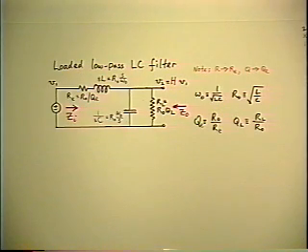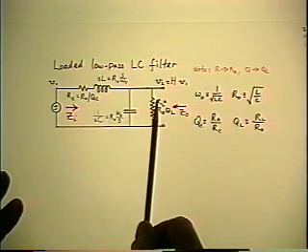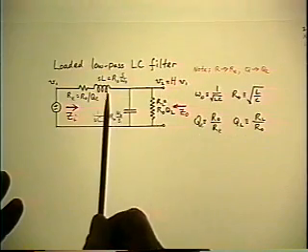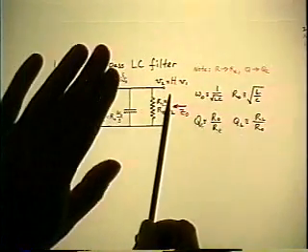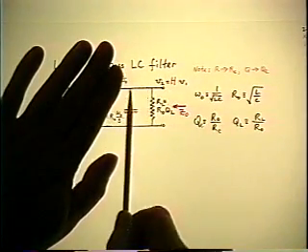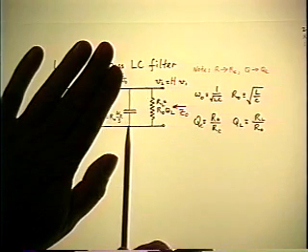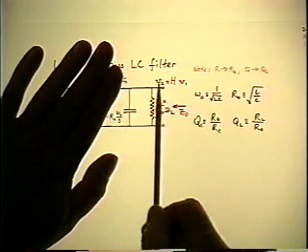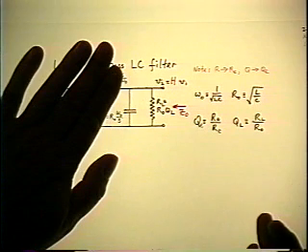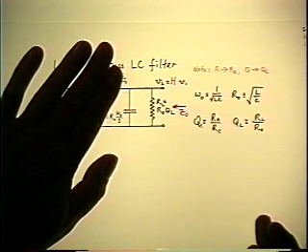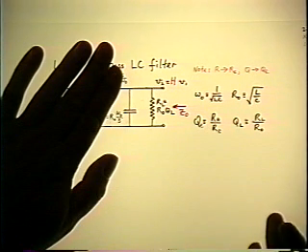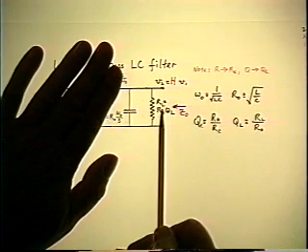Now you ask the same question at infinite frequency. At infinite frequency, the inductor opens, takes away that branch, the capacitor goes towards the short. Does it make any difference whether the RL is there or not? No, it doesn't. If it's across a short, it makes no difference.